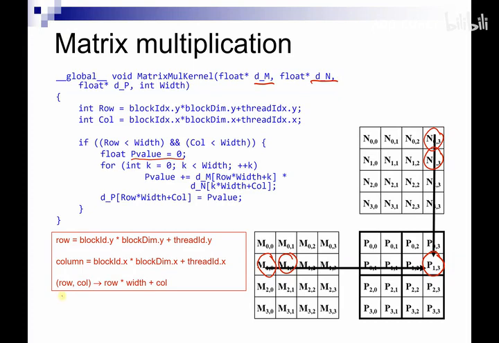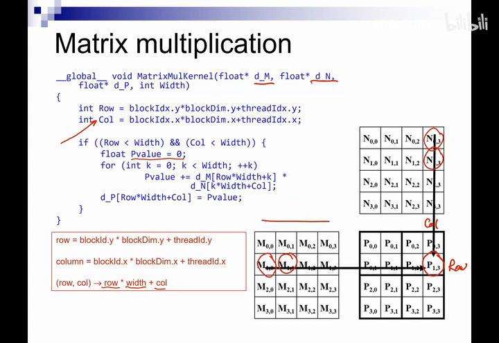And now the formula for doing that, as I was showing on the previous page, is that you take the row that you're talking about times the width of the matrix plus the column. So for example, here, this is the row and this is the column, and those are computed up here. So you take this row times the width of this matrix. This here is width.